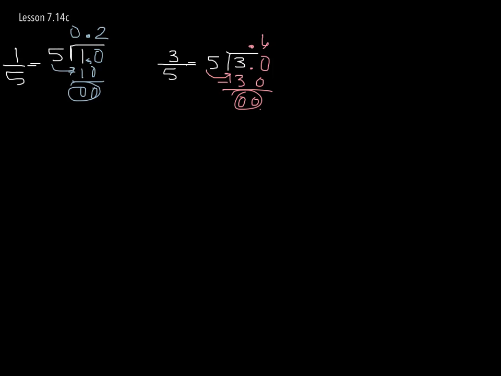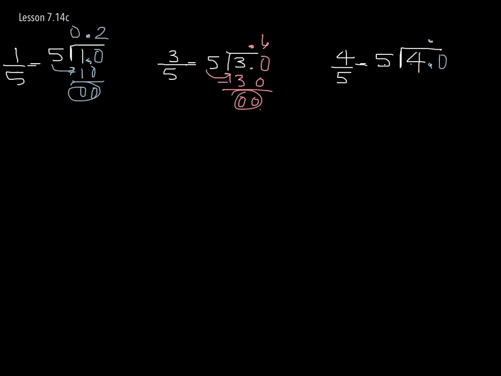Okay? Final one we'll look at, for this one at least, let's look at 4/5. Again, we want to convert to a decimal. So the numerator is under the house, 5 is the denominator outside. And we ask ourselves, how many 5's can I take out of 4? None. So what I have to do is give myself a decimal point.